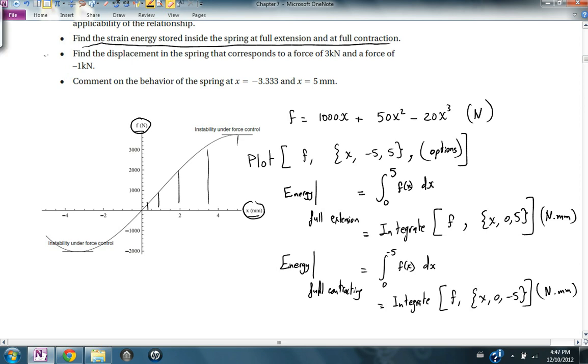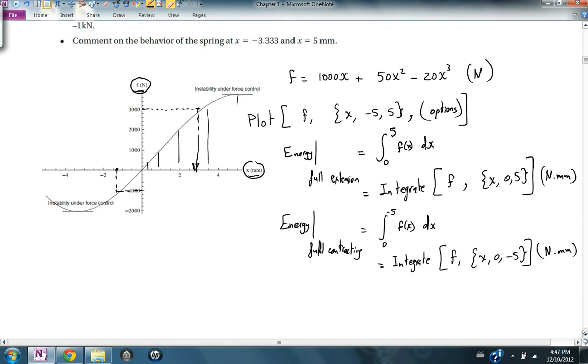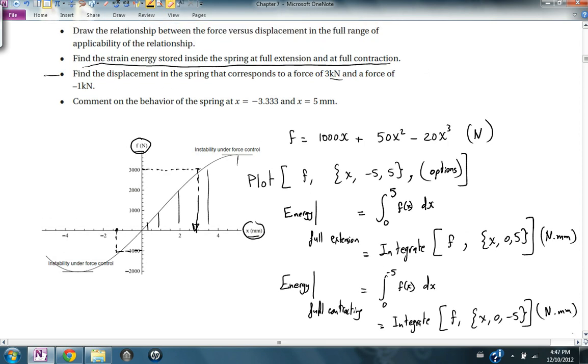The next question is find the displacement in the spring that corresponds to a force of 3 kilonewton and a force of -1000 kilonewton. You can find it from the graph. Corresponding to 3 kilonewton is this displacement, and corresponding to -1000 kilonewton is this displacement. And to find the actual number, you need to solve a cubic function.